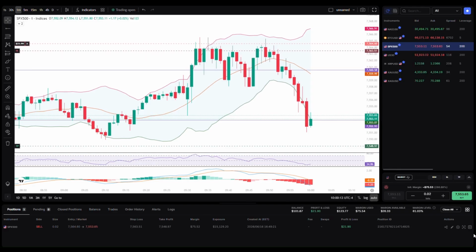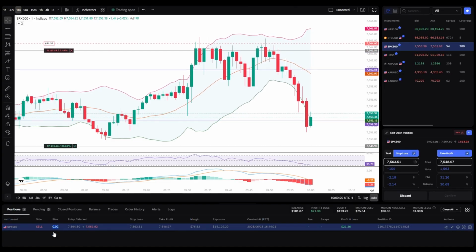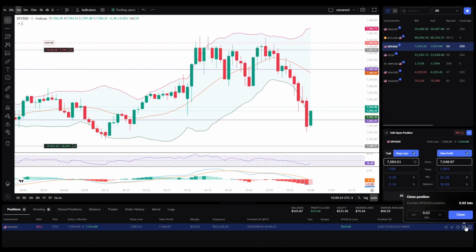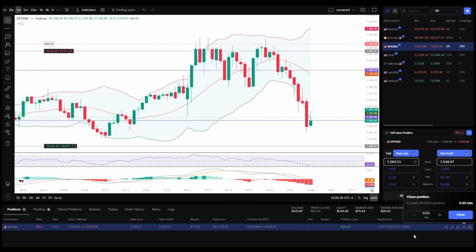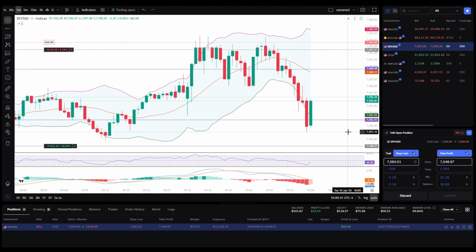You can see how we have 0.02 right here. I can go in there and close 0.01, and then we'll be holding 0.01.